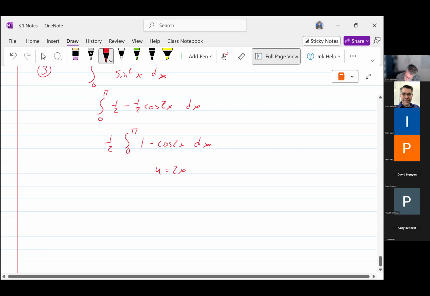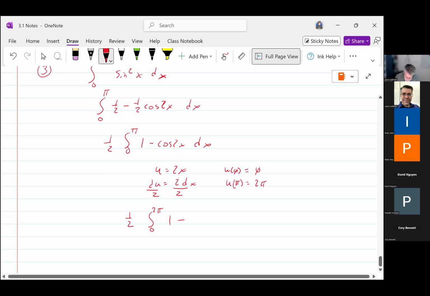Therefore, du is equal to 2 dx. Divide by 2, so we get 1/2. My new limits of integration: u of 0 is 2 times 0, which is 0. u of pi is going to be 2 pi. So this will now go from 0 to 2 pi.